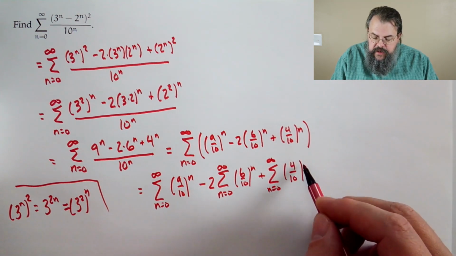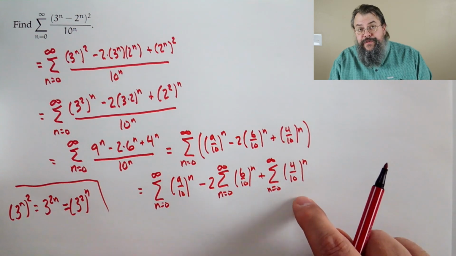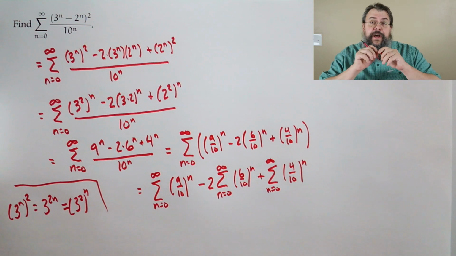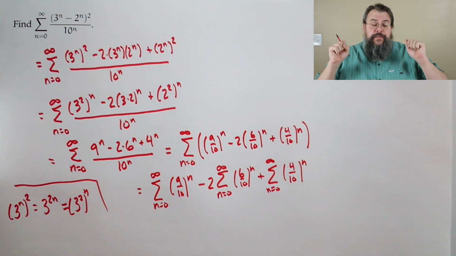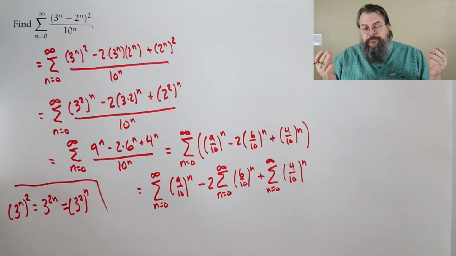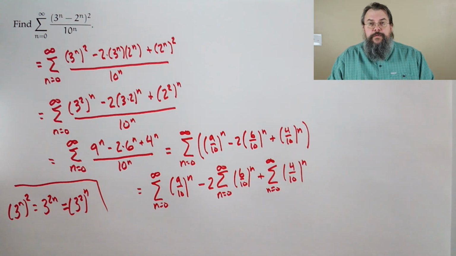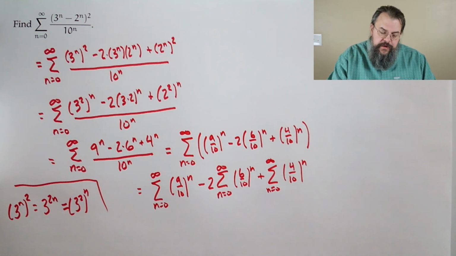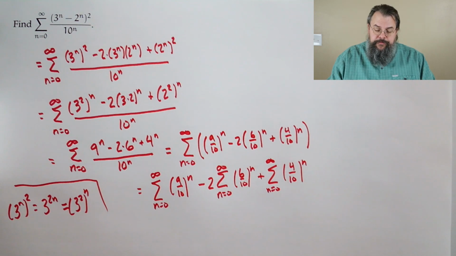I really should have taken the time to say, oh, 4/10 is 2/5, 6/10 is 3/5. Now, the fact that you can break things up is allowed as long as you know your individual sums converge, and the individual sums converge because they're geometric series where the ratio r is less than 1.